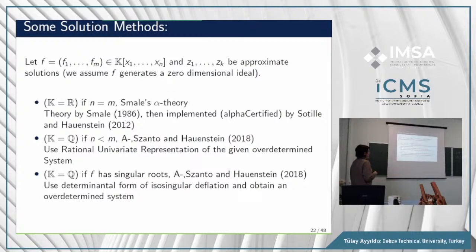And in 2018, with my advisors, what we did was extend this approach to overdetermined and singular systems, because it was not working on overdetermined systems. The systems they consider here are called well-constrained. The systems we use here are called ill-conditioned systems.